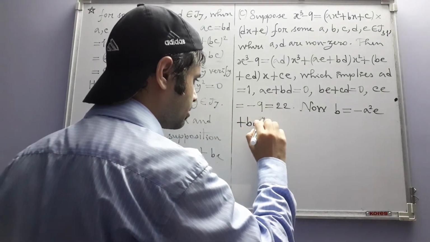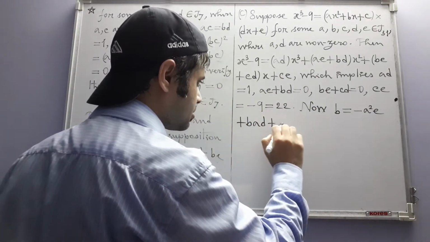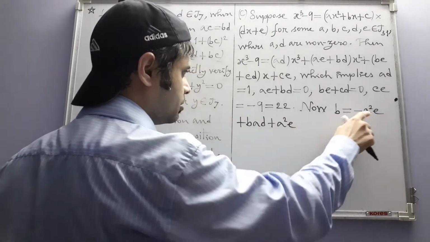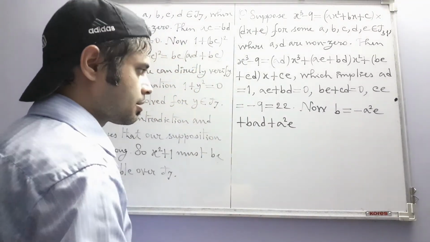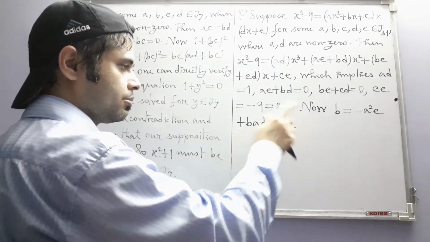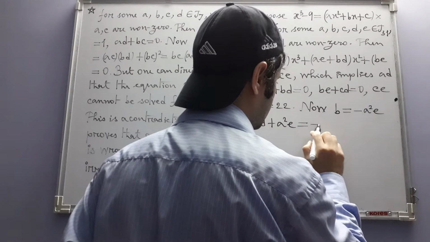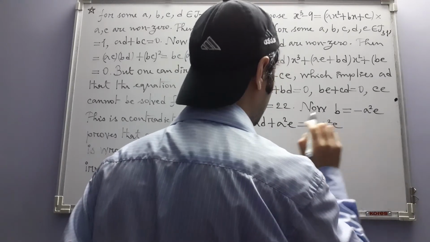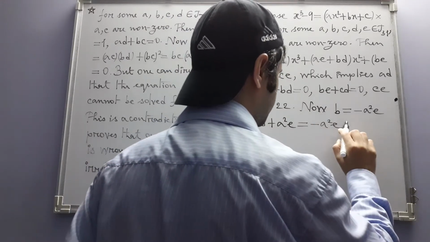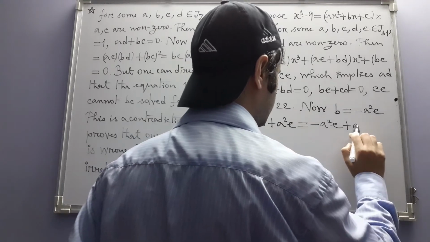So we can write BAD plus A square E. So these two things cancel out and AD is 1, so ultimately we get B. Now we can take A common out from the last two terms.